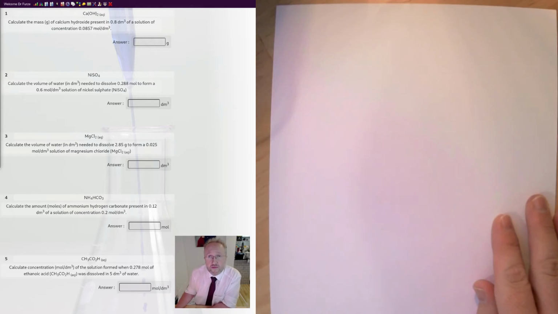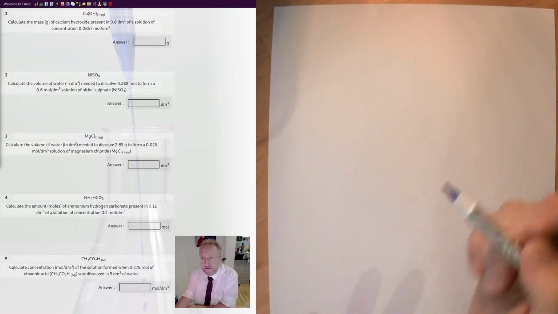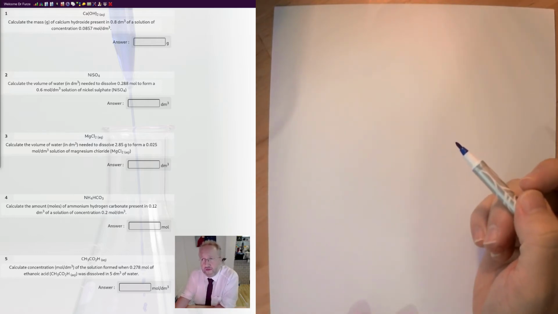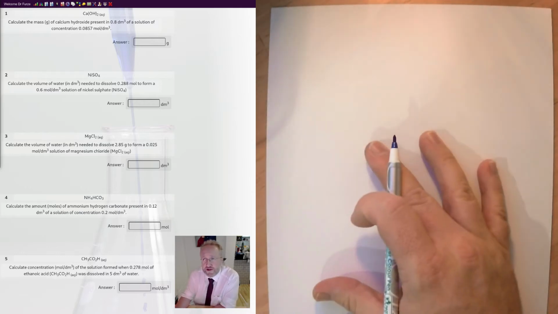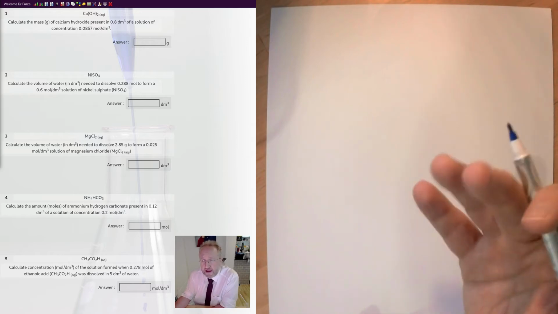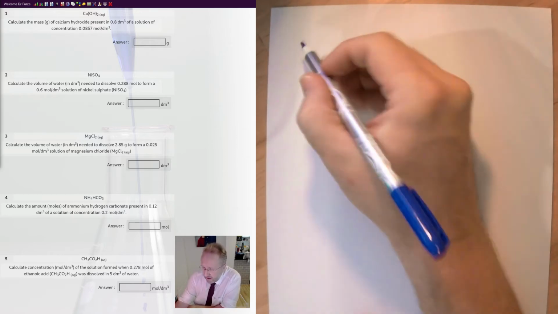Okay, so first question, calculate the mass in grams of calcium hydroxide present in 0.8 decimeters cubed of a solution of concentration 0.0857 moles per decimeter cubed. Okay, so what do we know?